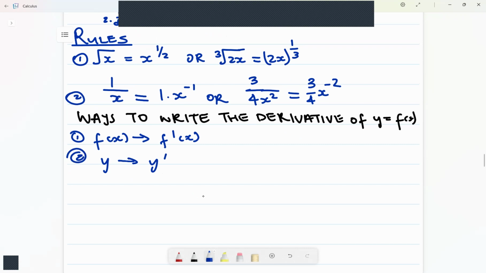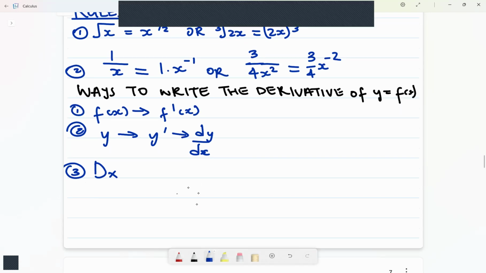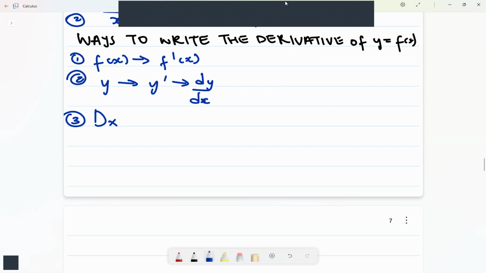Then the third one, we just have dy dx. This can be written as y prime or dy dx. So these are the notations that we're going to be using in the next video, when we do more calculations based on the derivative. Thank you.